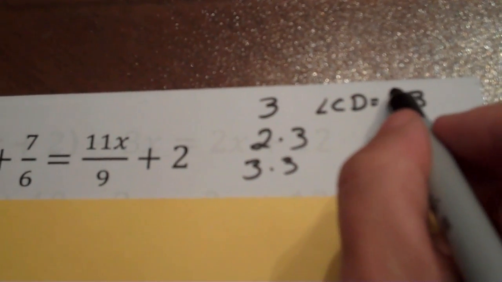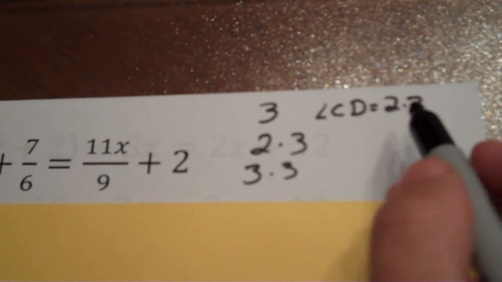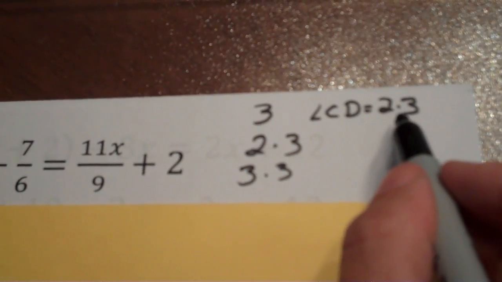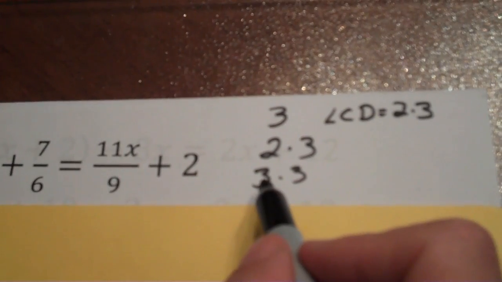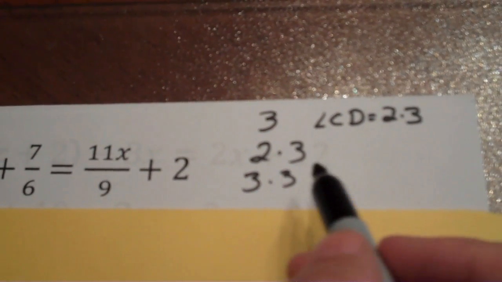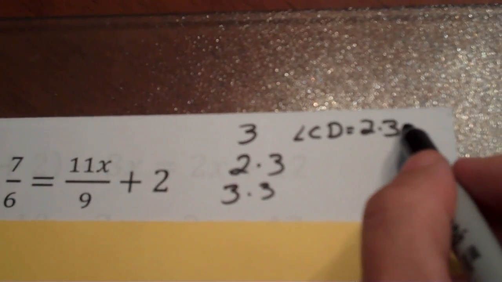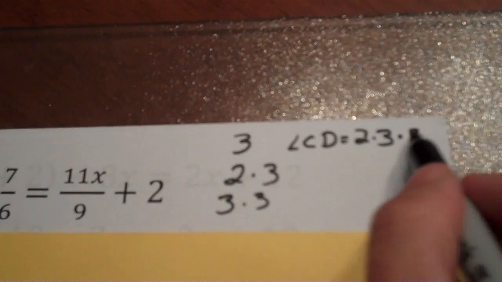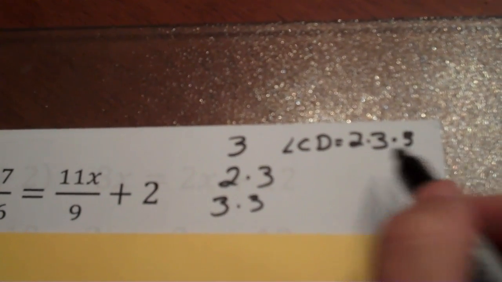Well, I've already got the 3. I'll merely add the 2 to my list. Now I have 2 times 3 is 6, and my number is also divisible by 6. Finally, I have to have my denominator be divisible by 9, which is 3 times 3. So 3 times 3 has to be on my list. I have the 3, I merely add the extra 3, and I now have my common denominator, which is 18.